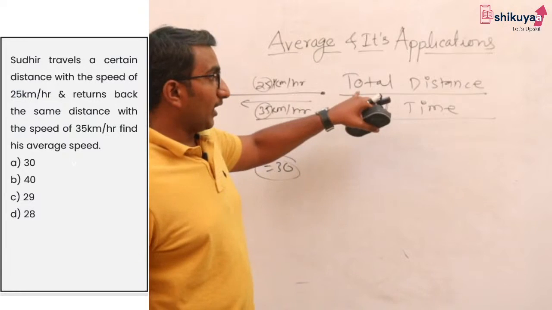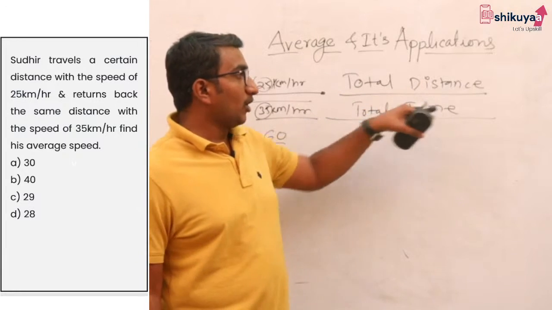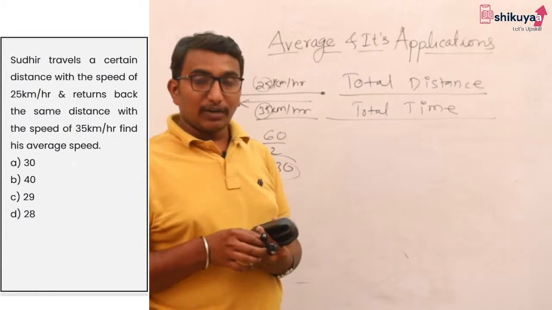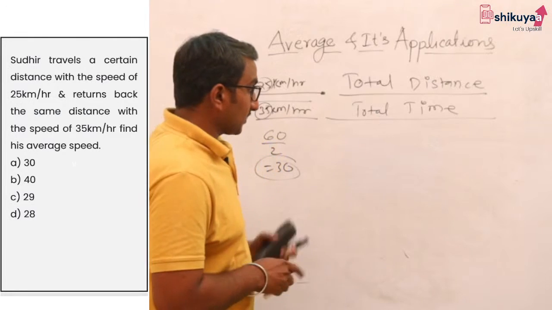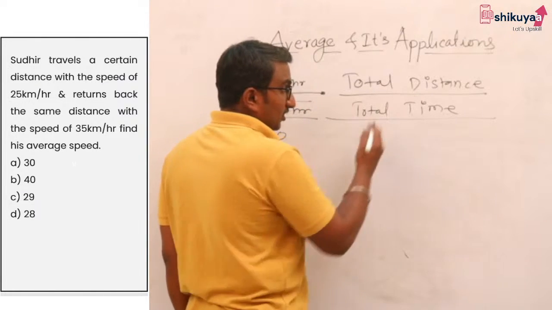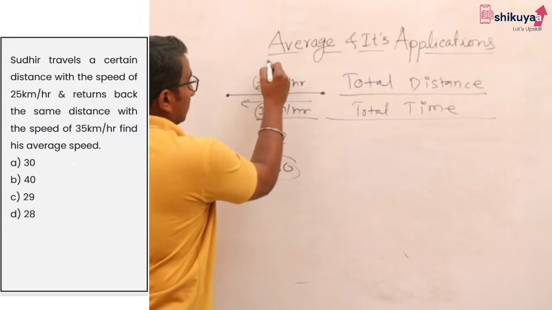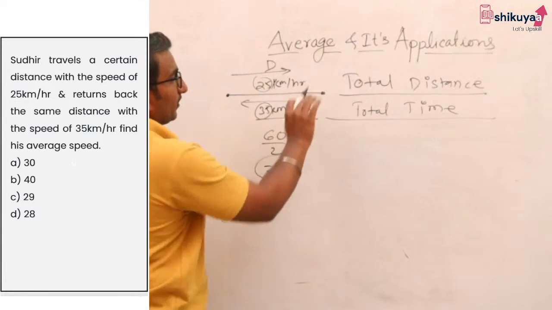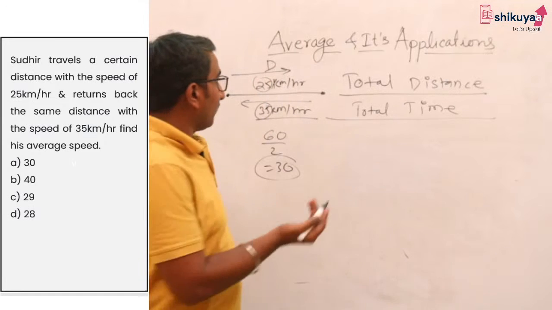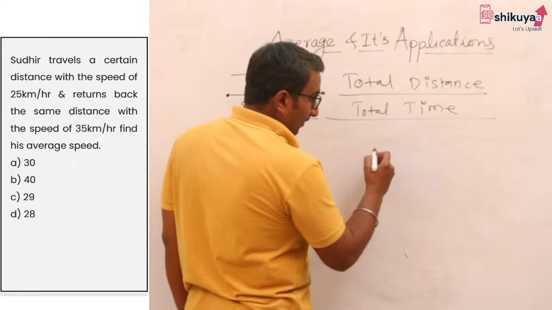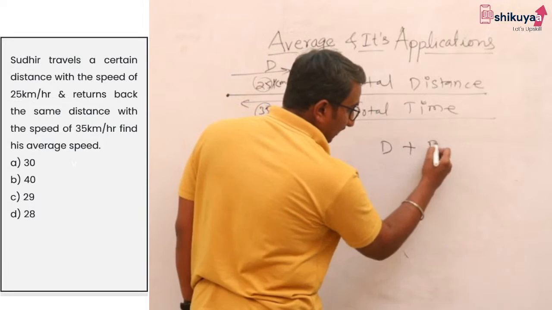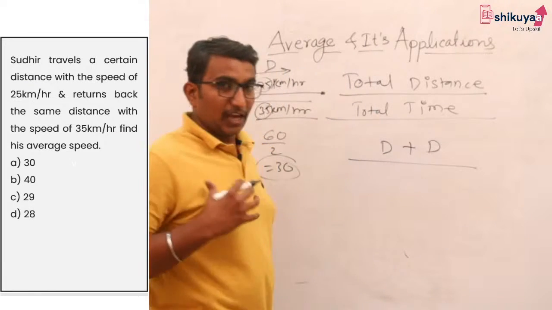We cannot treat these quantities in such a way. So here we have to apply this formula, total distance upon total time. Let us understand what is happening. Total distance is d plus d. Let us assume the distance he traveled the first time is d, and again he comes back the same distance d. So d plus d is the distance.